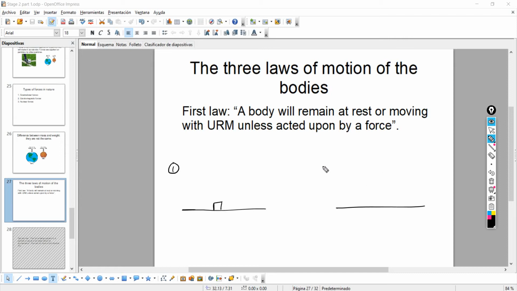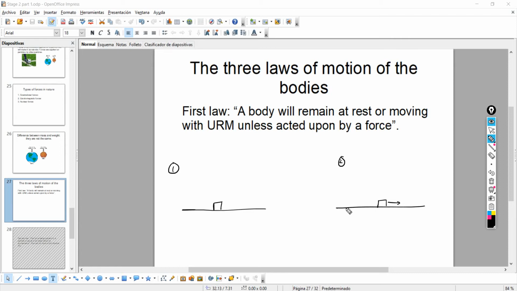But there's another case, guys, which is perfectly valid also. The second case is that the object is already moving with uniform rectilinear motion, and if you remember what that is, it's basically moving in a straight line with uniform velocity.